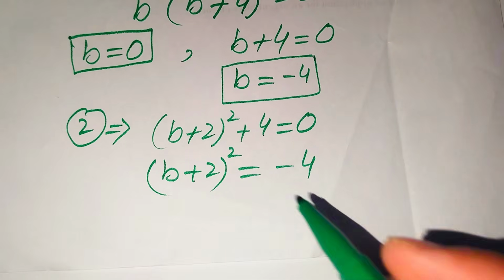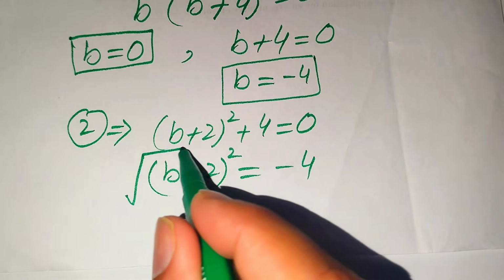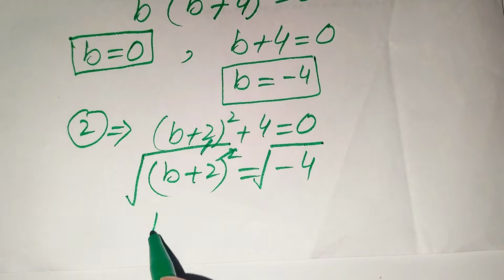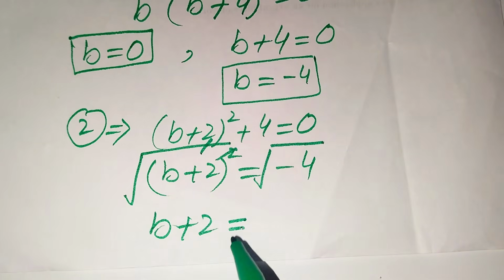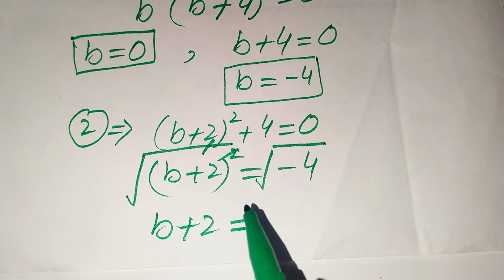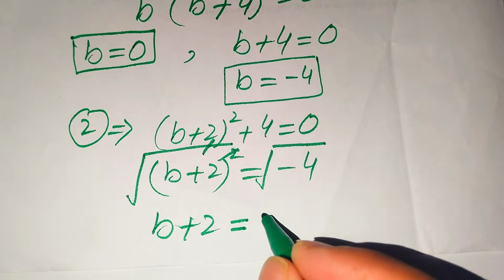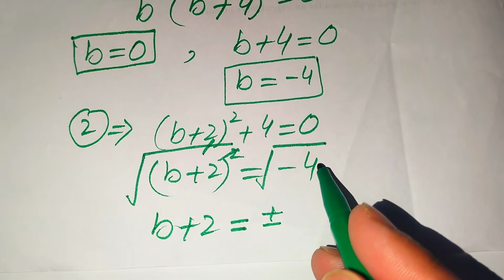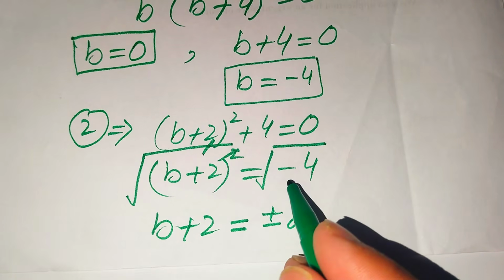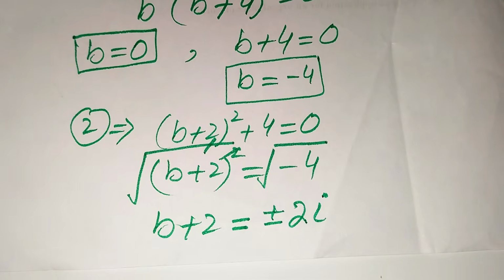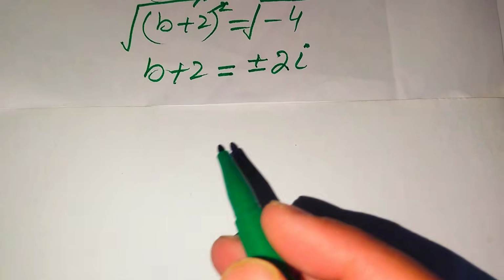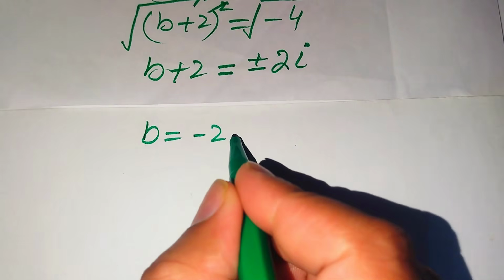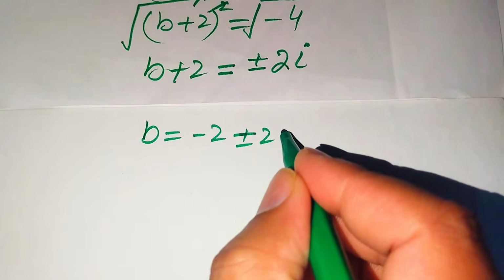For the values of b, we take the square root on both sides, writing a plus minus sign on one of the sides. The square root of 4 becomes 2, and the square root of minus 1 becomes iota. So we move plus 2 to the right hand side, and we get b equals minus 2 plus minus 2 iota.